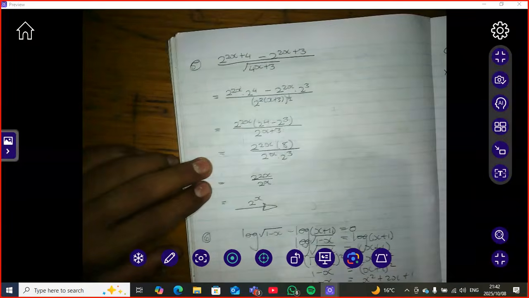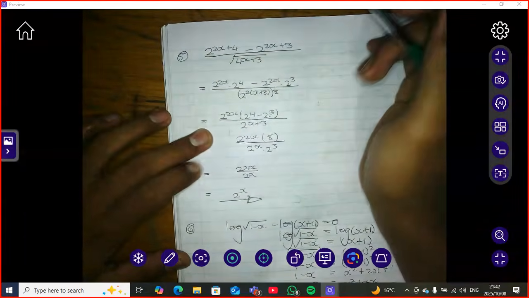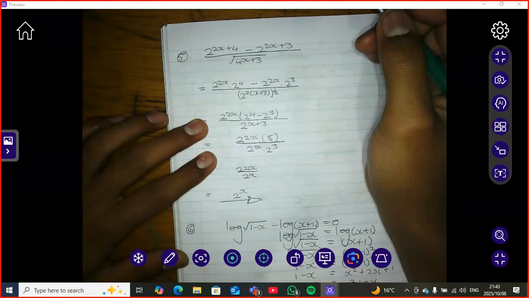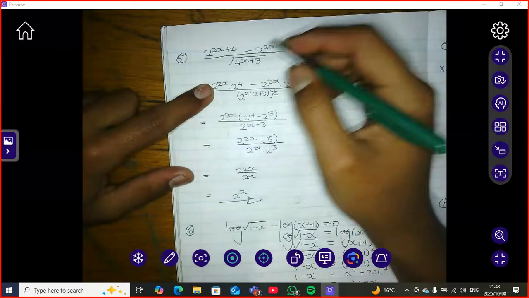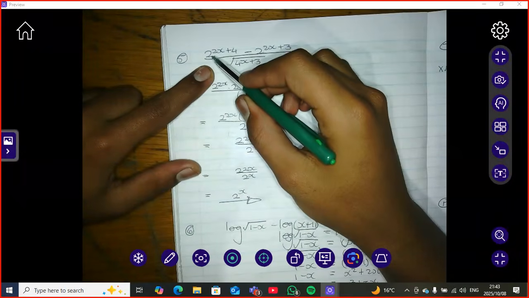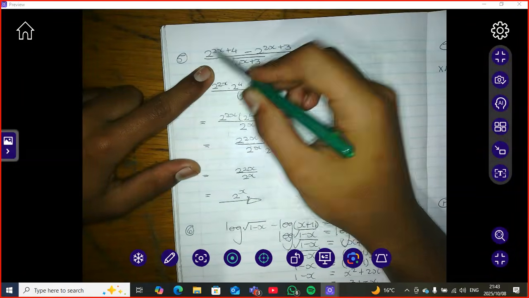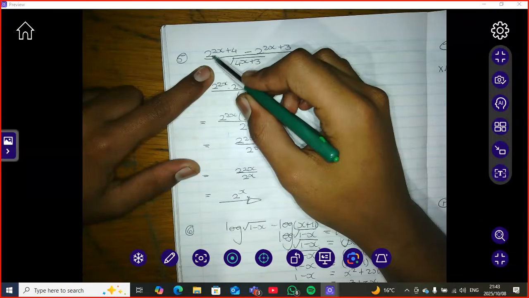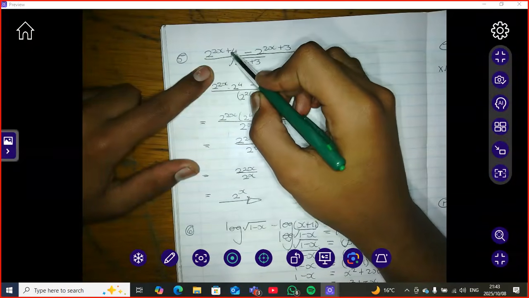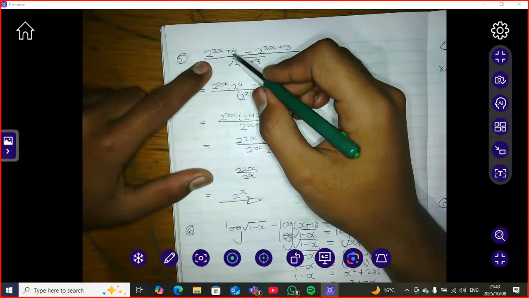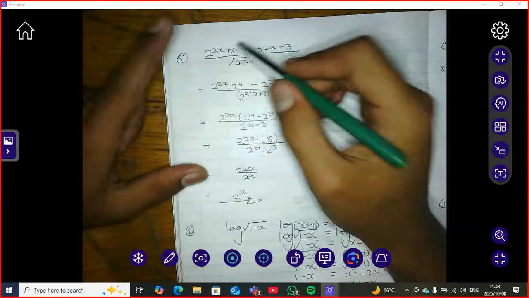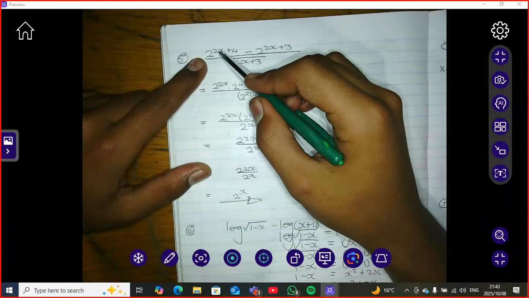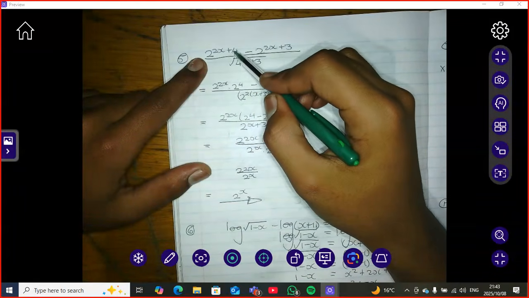Okay, next one is quite similar thinking, but this is just loads of exponents. So here I have a 2 and a 2 to the power of 2x plus 4. To simplify this, I can say 2 to the power of 2x times 2 to the power of 4.